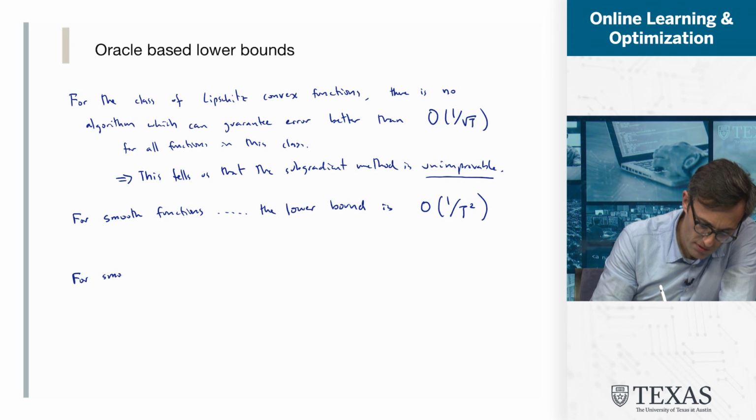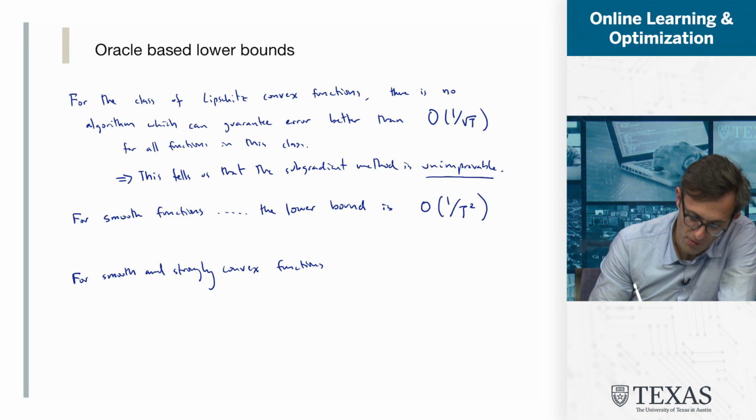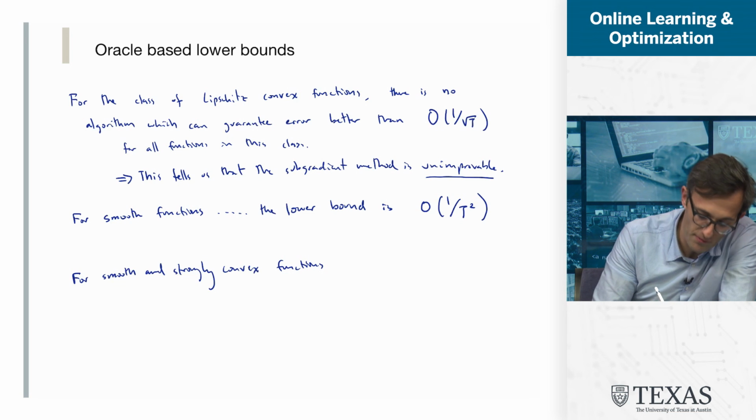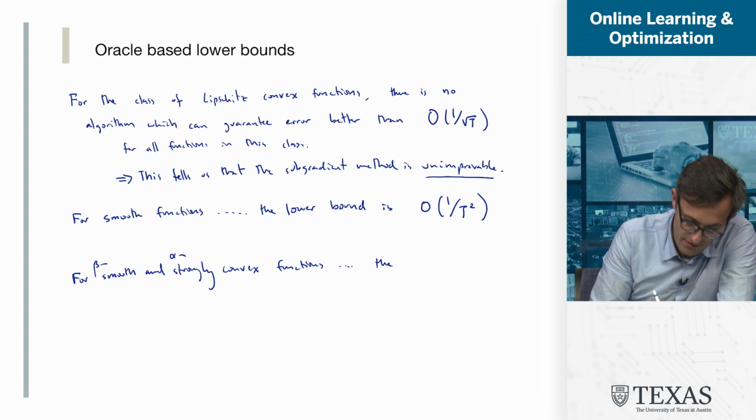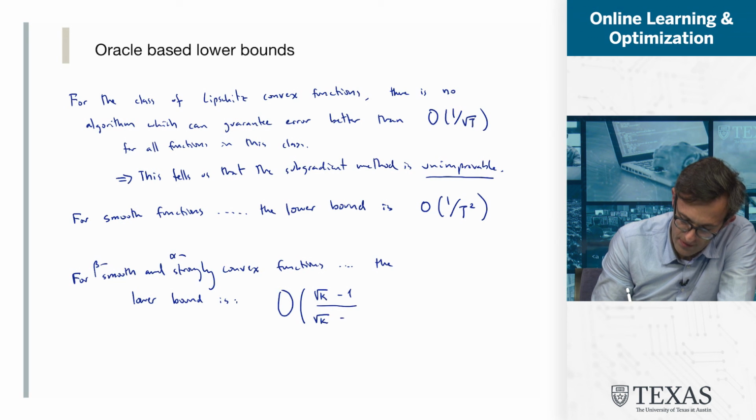And for smooth and strongly convex functions, with parameters beta and alpha, so let me write that, for beta smooth and alpha strongly convex functions, the lower bound is square root of kappa minus 1 over square root of kappa plus 1, raised to the t.